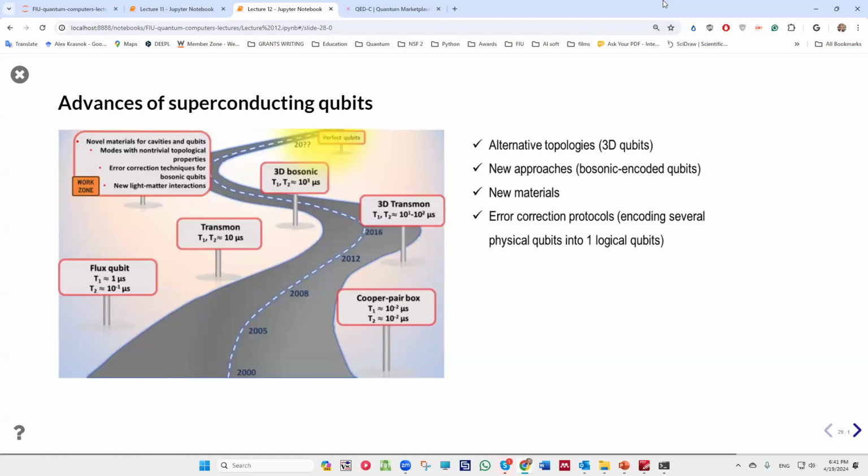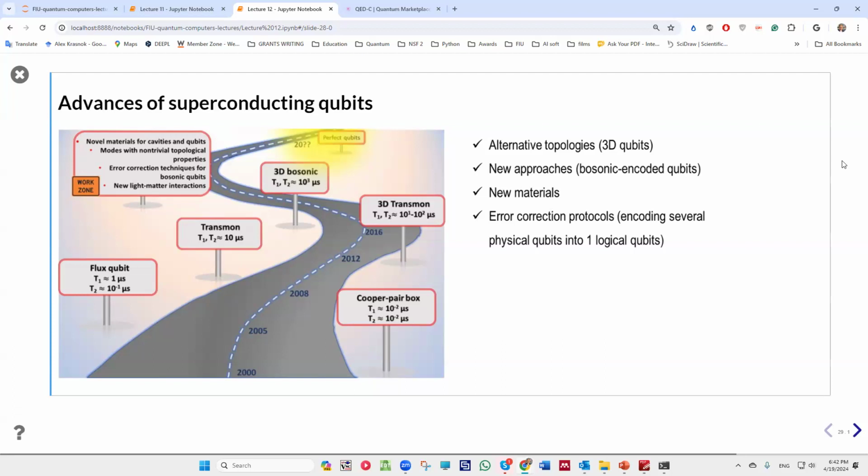And why do we need this? Because the system becomes more resistant to noise, to any errors, and so on. This is what's happening today in this area.